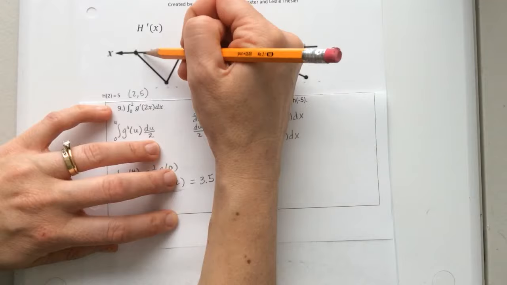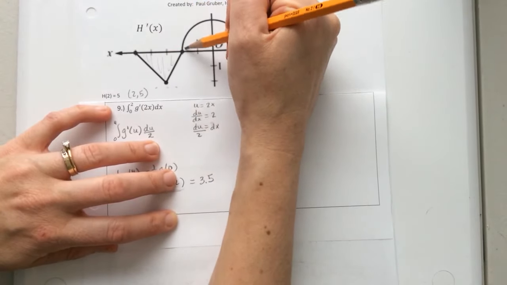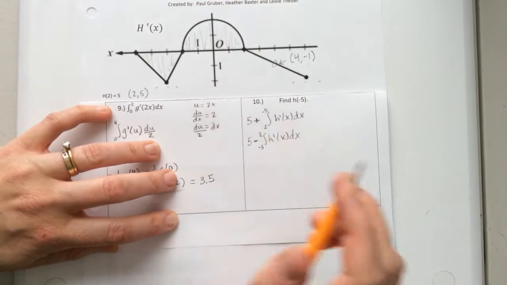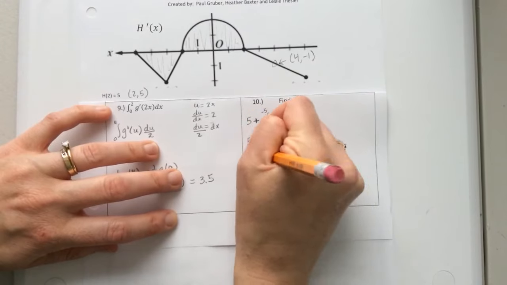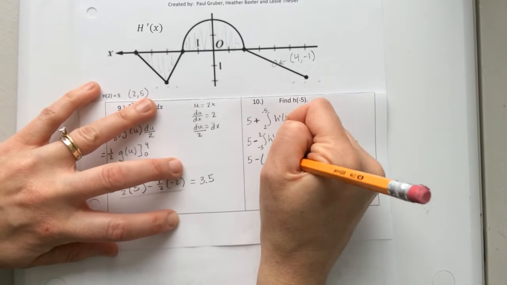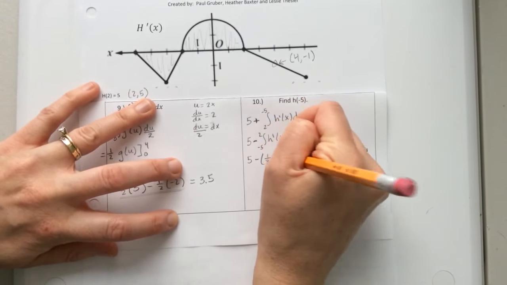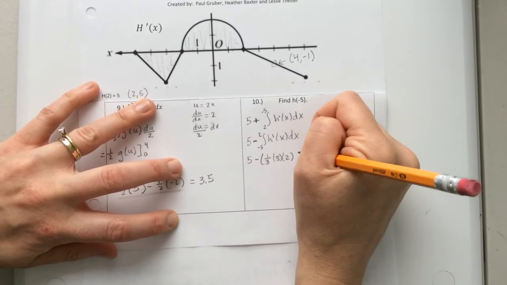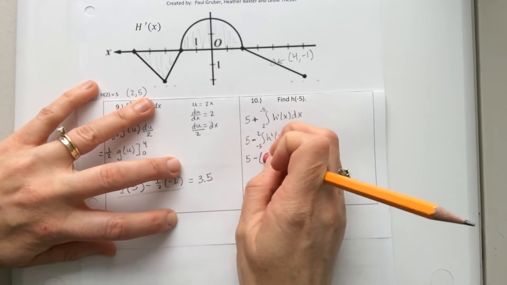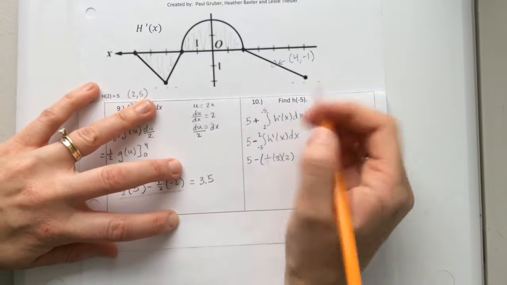So we're talking about this triangle and this half a circle. So if I write that, my triangle is 1/2 base times height. Oh, said 1/2, wrote 1/3.